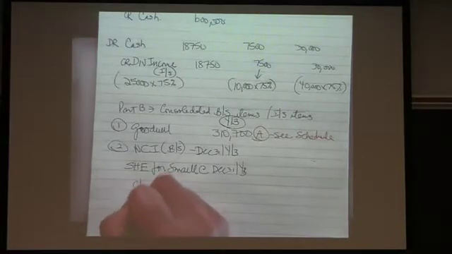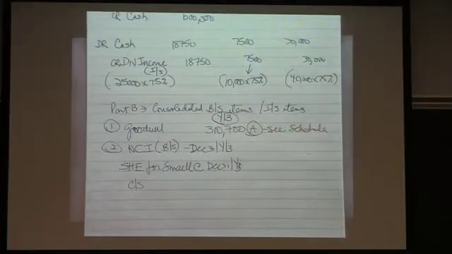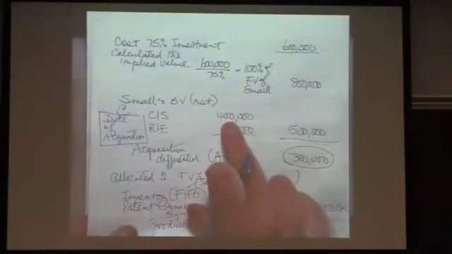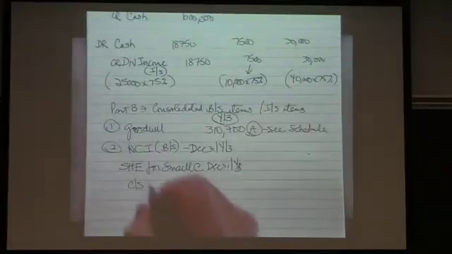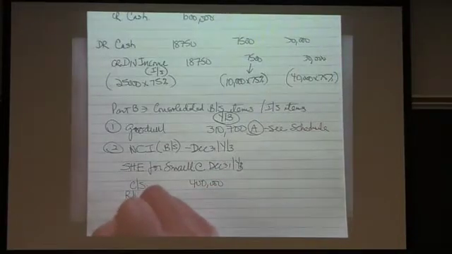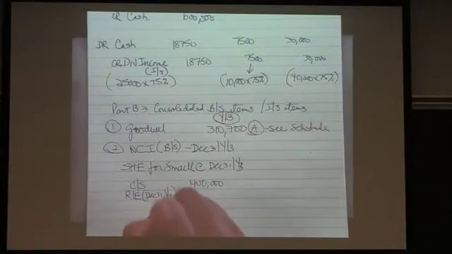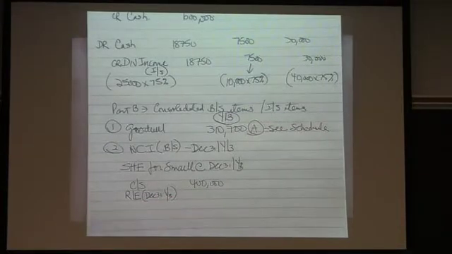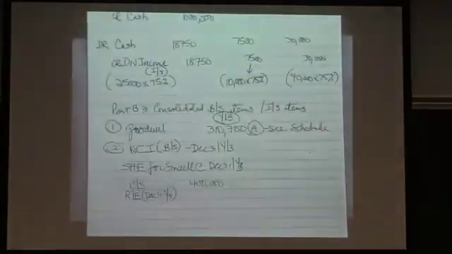Well, we know common shares did not change. It was still 400,000, right? That was $400,000 common shares, isn't it? Okay. Now, what's the retained earnings at December 31st, year 3? Well, what we're going to do is take the date of acquisition of 100,000 and just update.